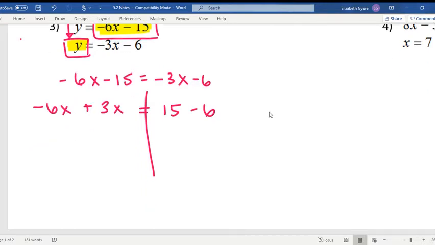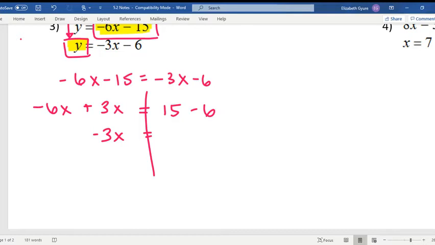All right. Now let's combine our like terms, ladies and gentlemen. What is negative 6x plus 3x going to give us? Plug it into your calculator if you need to. I'm not doing it for you. I am not your calculator, Olivia. Negative 3x. Honestly, we should all automatically grab calculators when we walk into class if we don't have one.